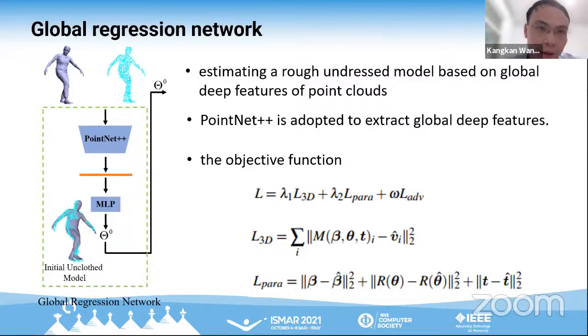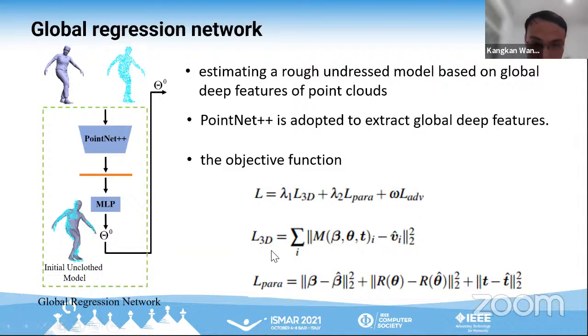The first network of our method, the global regression network, estimates a rough undressed model based on the global deep feature of point clouds. We adopt PointNet++ to extract the global deep feature on the point cloud. Then we employ a fully connected network to learn the parameters of the undressed mesh. The objective function consists of the 3D correspondence loss, the parameter correspondence loss, and the adversarial loss.